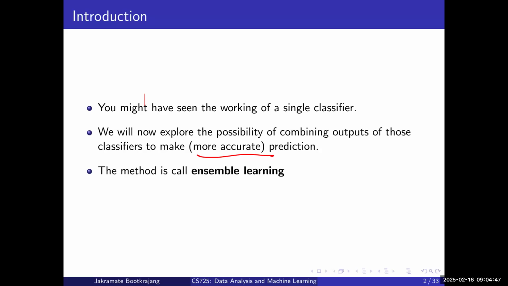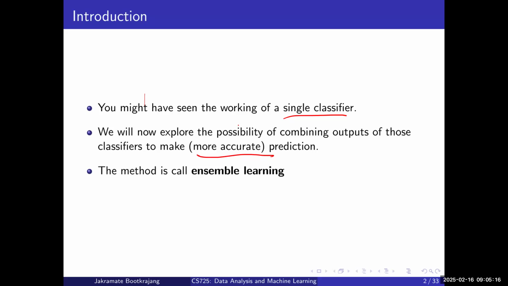So what does it mean? It means that when you have just one classifier, perhaps that classifier is very weak, right? It cannot achieve a high accuracy. But perhaps if you create multiple single classifiers and you can find a way to combine them, perhaps there is a way to improve accuracy, right?